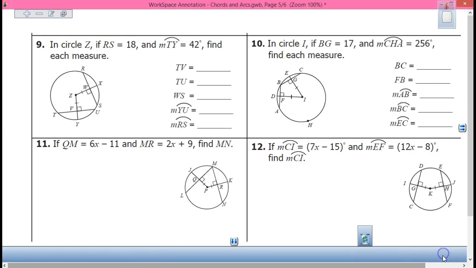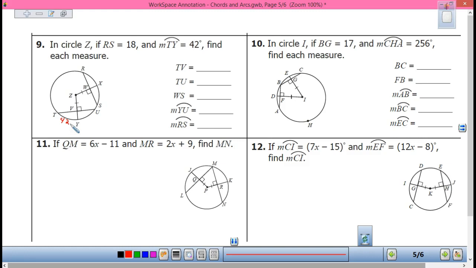Okay. All right, now for some good stuff. It tells us that RS is 18. Tells us that TY, this little guy, is 42. Okay, so if RS is 18, what's TU?